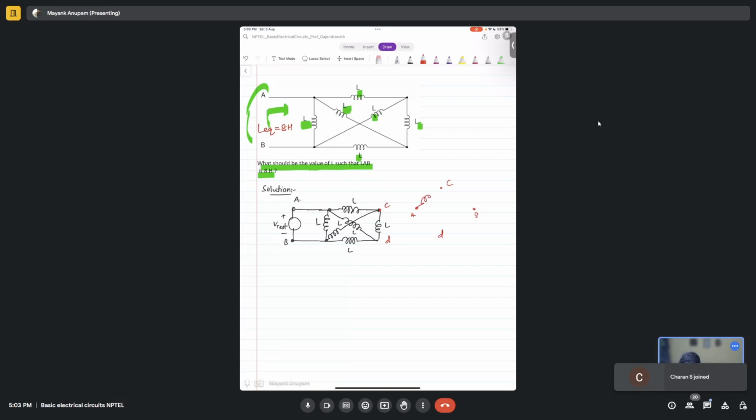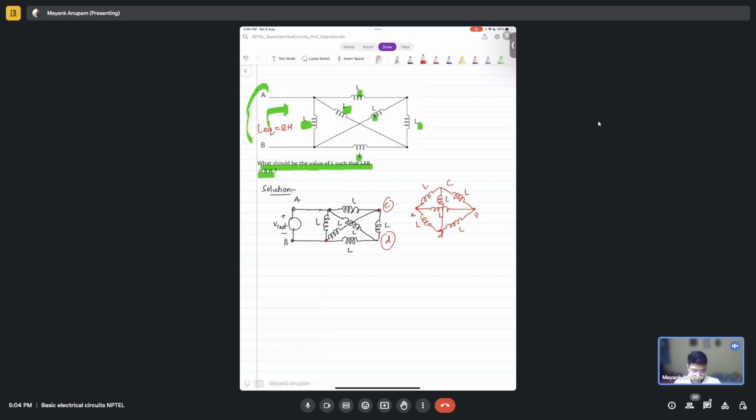Between A and C, I have an inductor L, and between A and D also an inductor L. Between B and C, I have an inductor L, and between B and D, an inductor L. Another is between C and D. So this will be like this. This is also L.